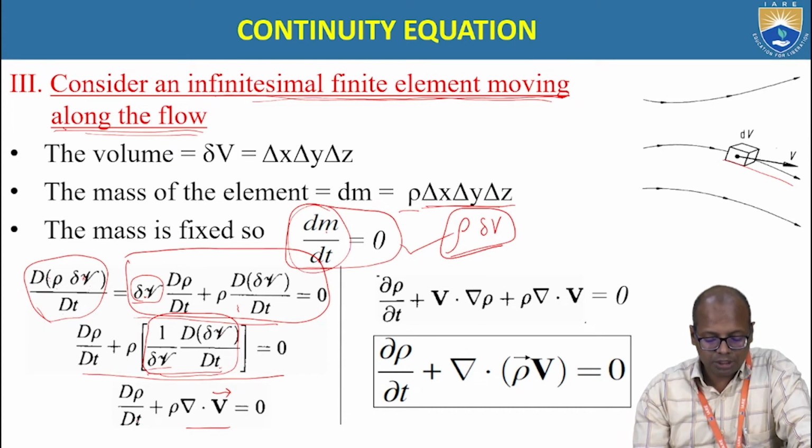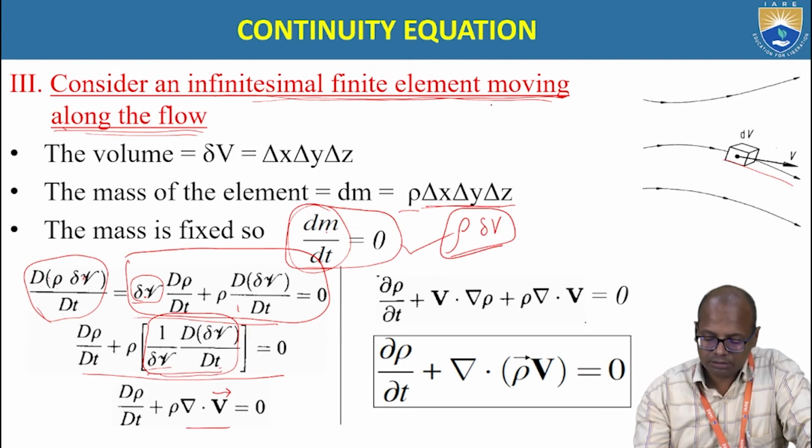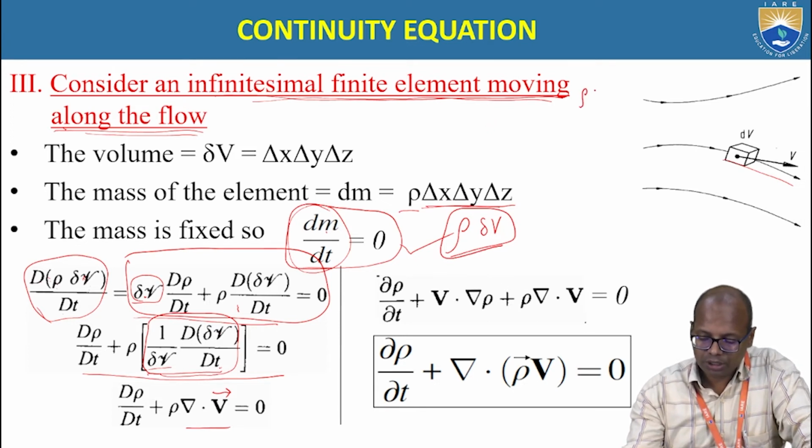Now this d rho by dt, what is this d rho by dt? What is rho? Rho is a function of x, y, z and t.